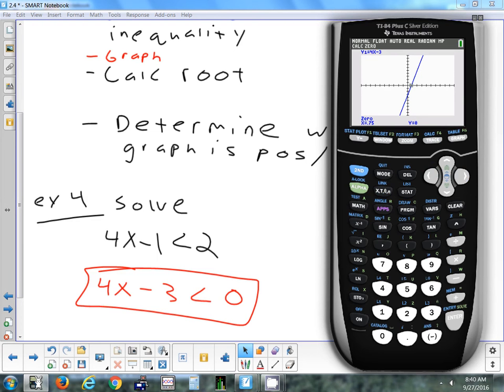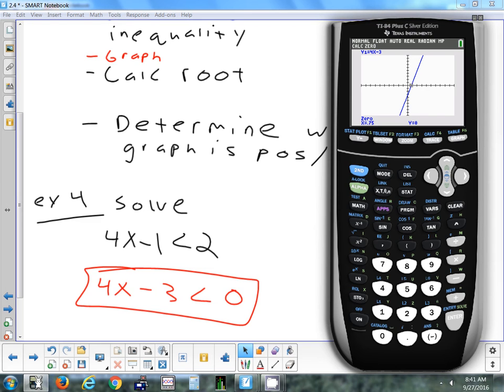Yeah, if you plug in numbers to the left of 0.75, look at where you're going to be. You're going to be below the x-axis, and that's what you want, less than 0. In this case, do I include 0.75 or not? Yeah, we don't include it because it's strictly less than.